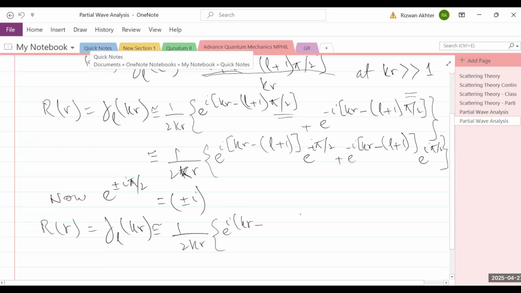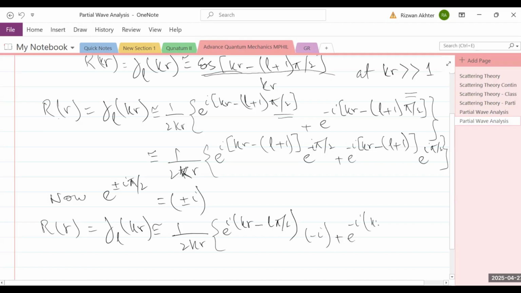So that would be iota minus L pi by 2. Then we have plus e to the power minus iota kr minus L pi by 2, with a plus iota factor. And then we can just take this factor out.